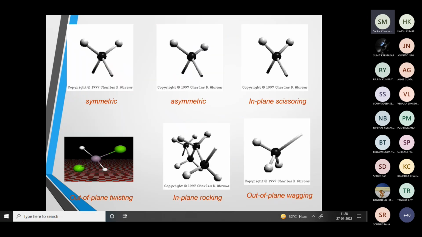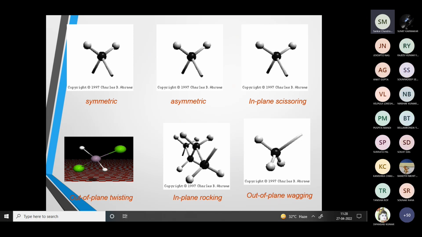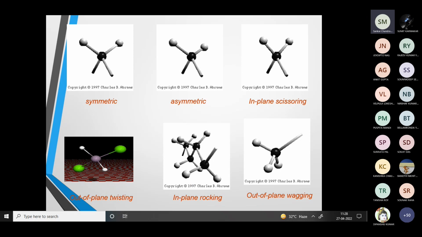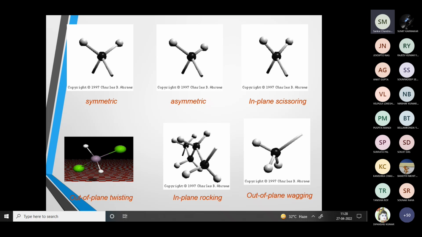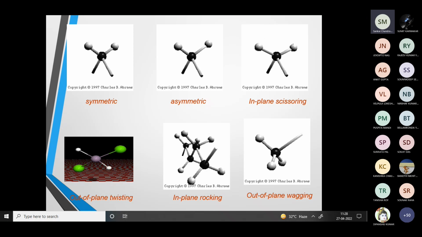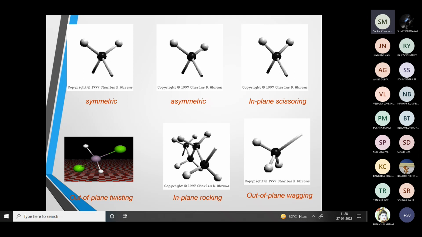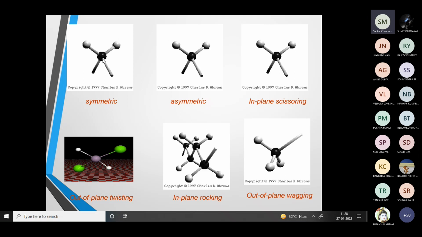Next, you see here the different types in this video. What do we mean by symmetric, asymmetric, in-plane scissoring, and different types of bending? What happens within the compound for different bonds? Symmetrically, you see both atoms simultaneously go away from the carbon. Here one is coming in, another is going out from the carbon.